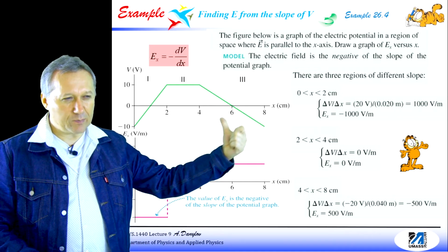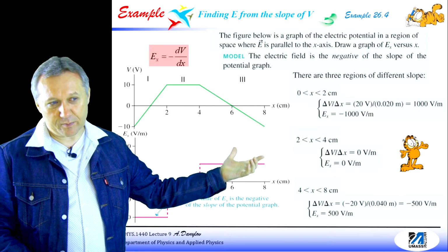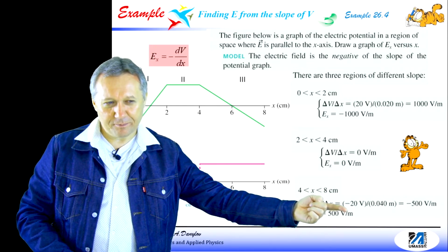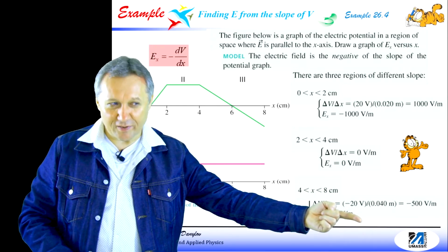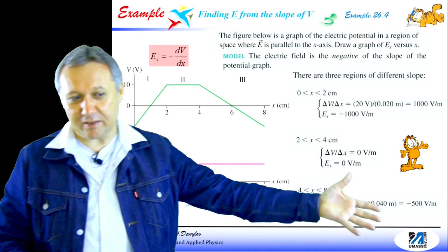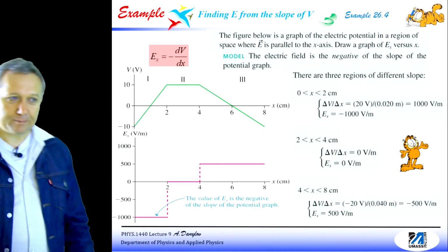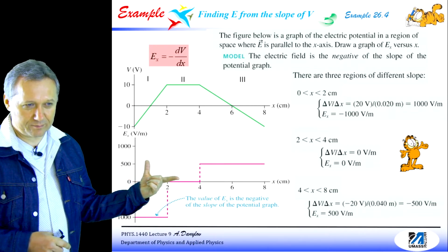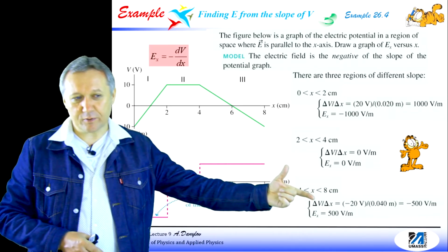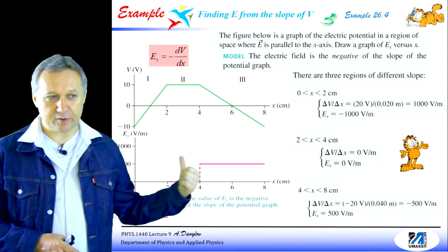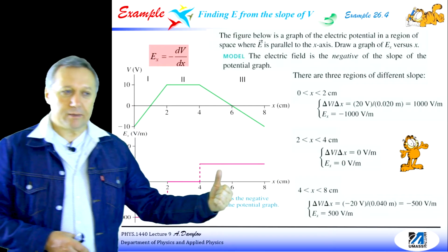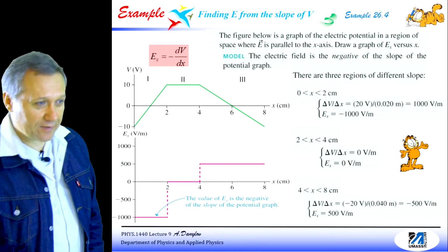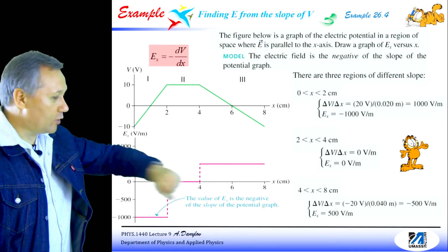It will be 8 minus 4. So it will be 4 centimeters. And that's what we have here, right? Minus 20 divided by 0.04. And you will get negative 500 volts per meter. That's the value of the slope. And of course, minus in front gives us plus 500 volts per meter. And that's what we have here. Right. So you see, it's way, way easier.